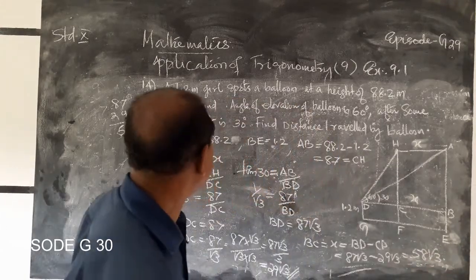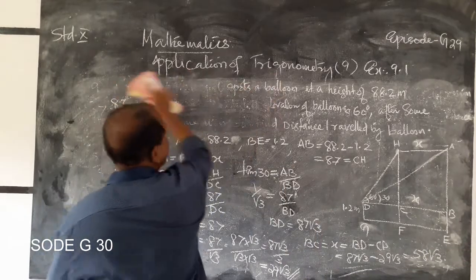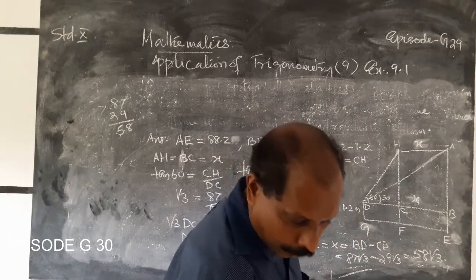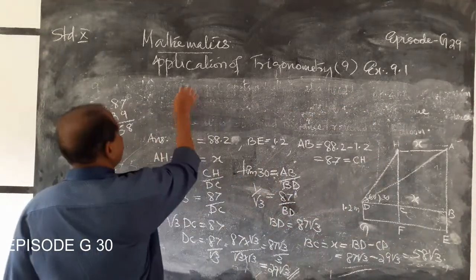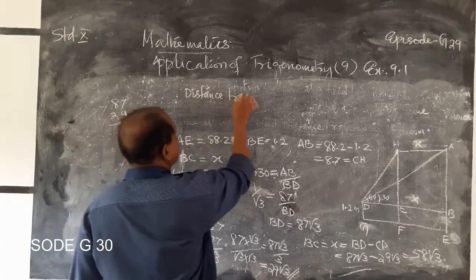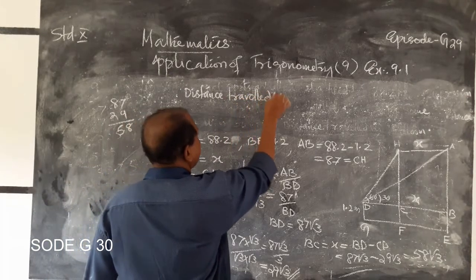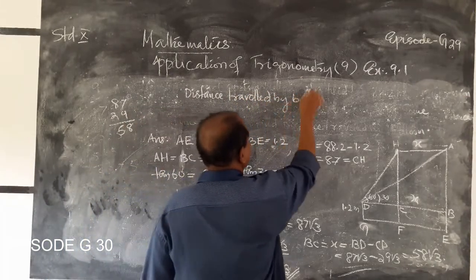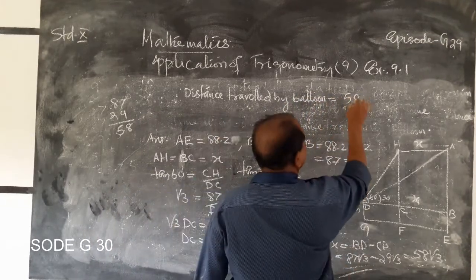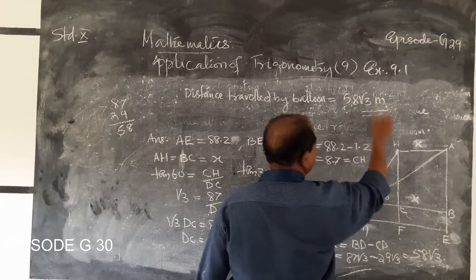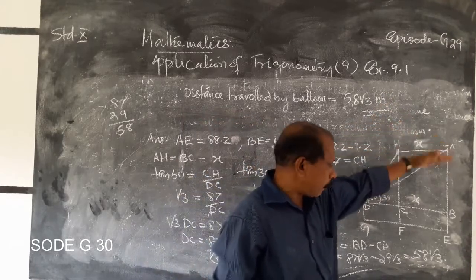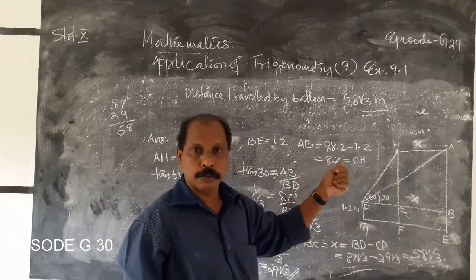That is the distance traveled. Therefore, the distance traveled by the balloon is 58 root 3 meters.